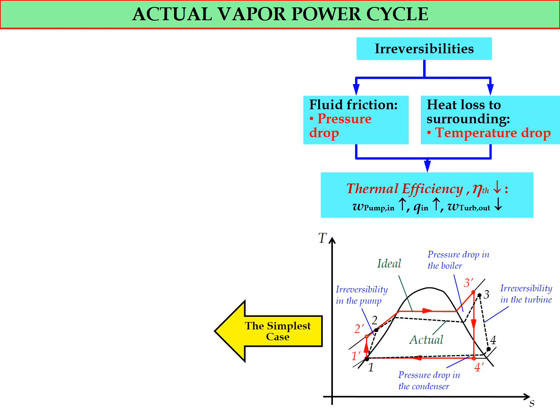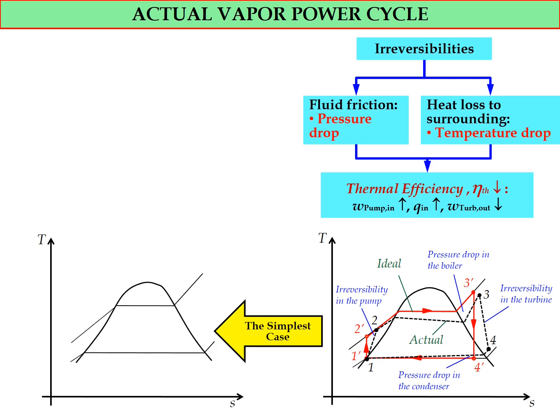However, the simplest case for the actual Rankine cycle, or actual vapor power cycle, is shown in this T-S diagram. If you look at the ideal Rankine cycle, it is represented by the continuous red color line cycle.